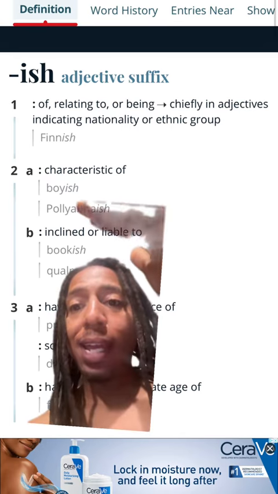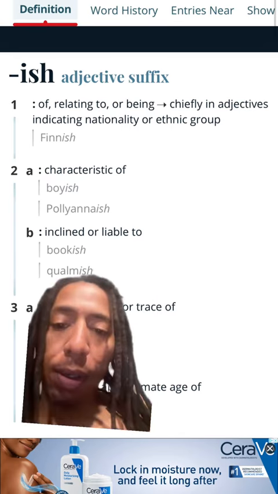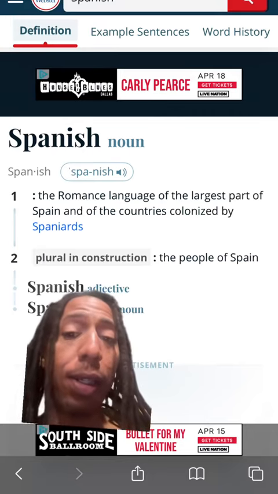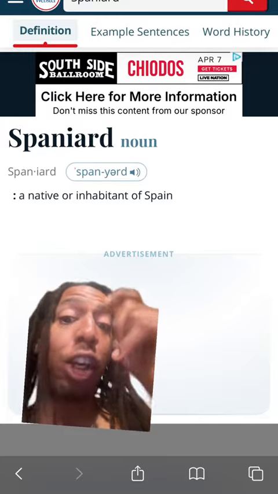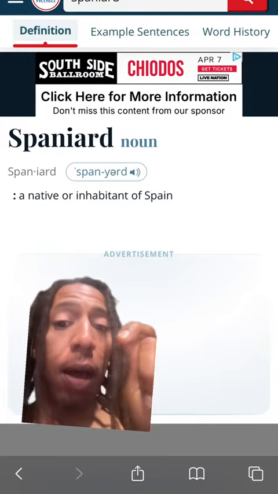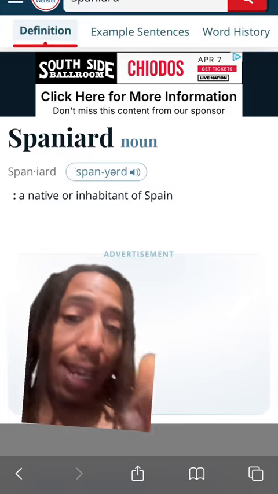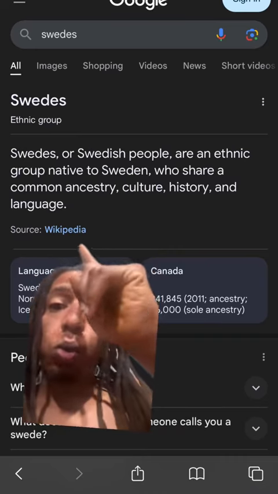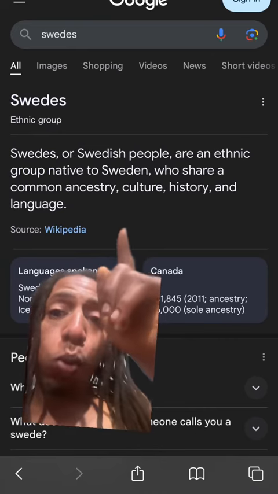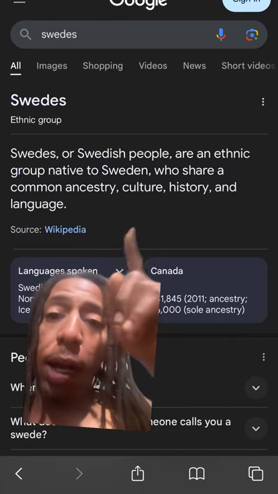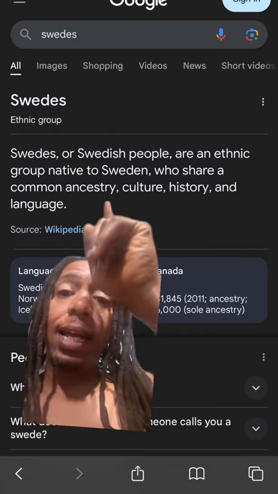Bookish, boyish, purple-ish, dark-ish, Spanish, or what you may know is a Spaniard. A partial Spaniard is a Spanish person. Swedes are the real Sweden people. But if you are partially Swede, you are Swedish.